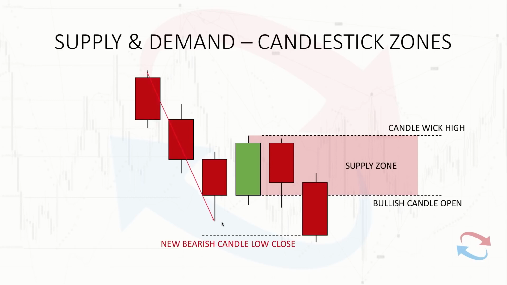If this is the new low, we need to see a bullish candle, and then we need to see a bearish candle. Now, it doesn't matter whether this bullish candle's wick is the highest, or if this candle's wick here was higher than this candle's wick. What we're looking for is just the lower high and lower low sequence.